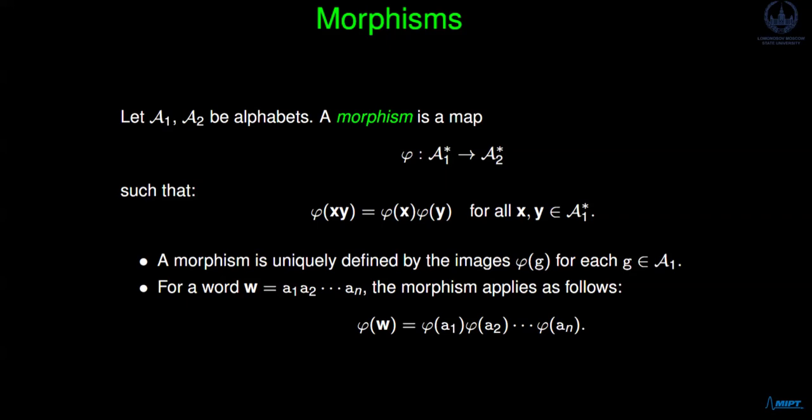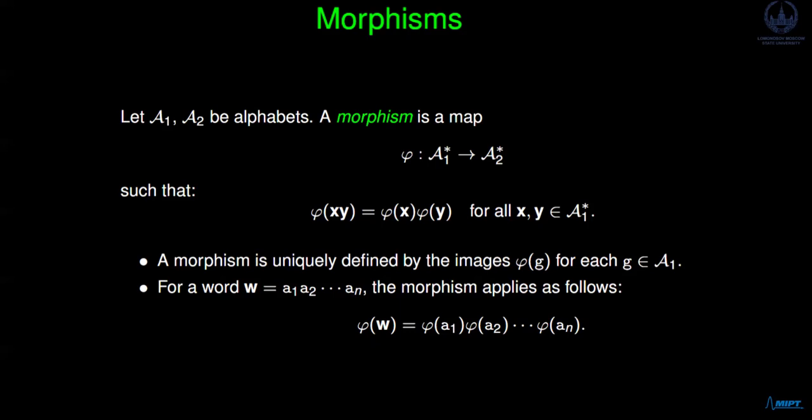A morphism is uniquely defined by how it maps each element of the alphabet A1 to a word in A2. Once we know the image of each letter, we can extend it to entire words.